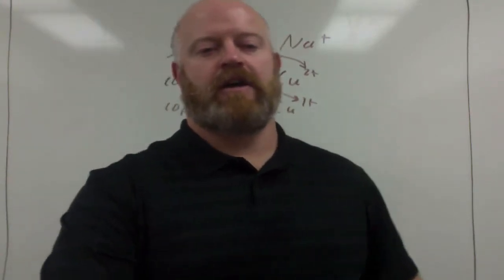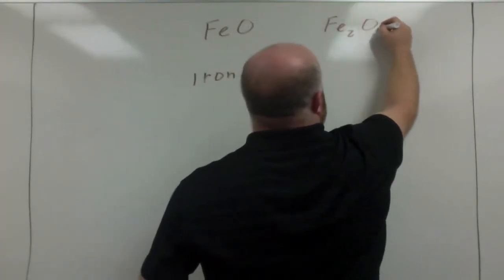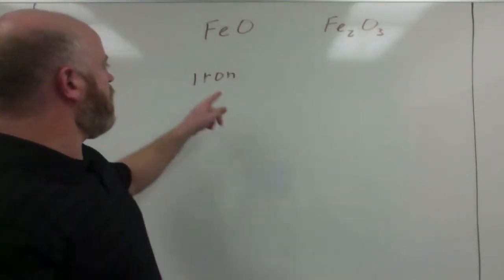Okay. Let's take a look at our two compounds down here. We have FeO and Fe2O3. Okay. Now, if we go to name these, say what are these things called? Well, Fe is iron, so we get iron.